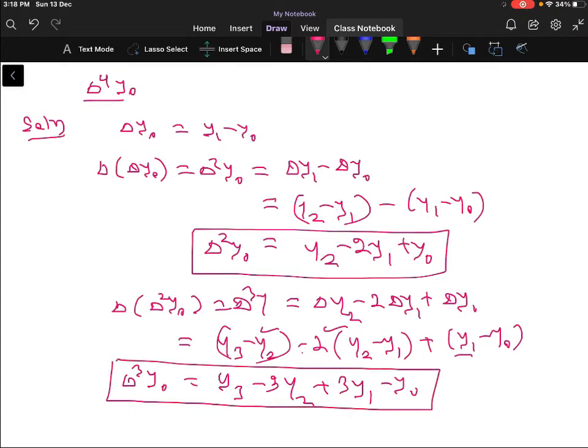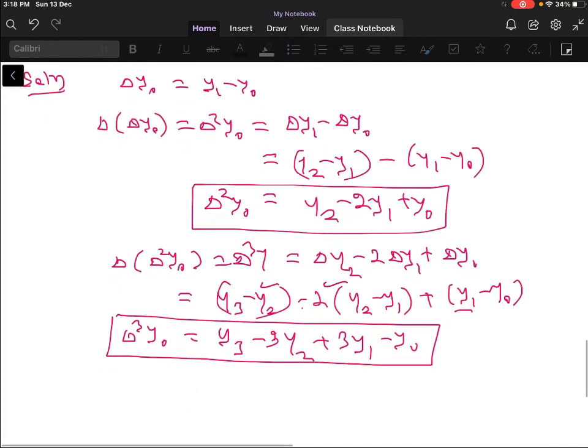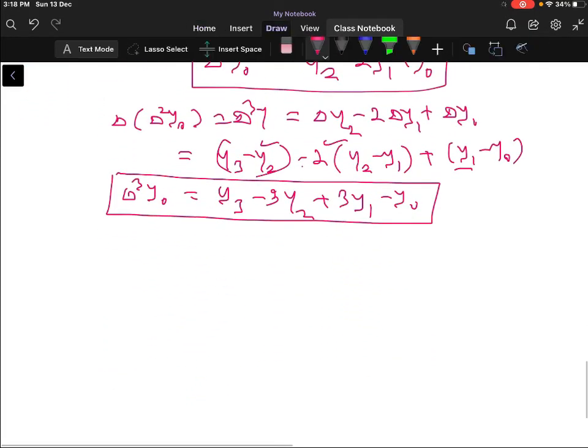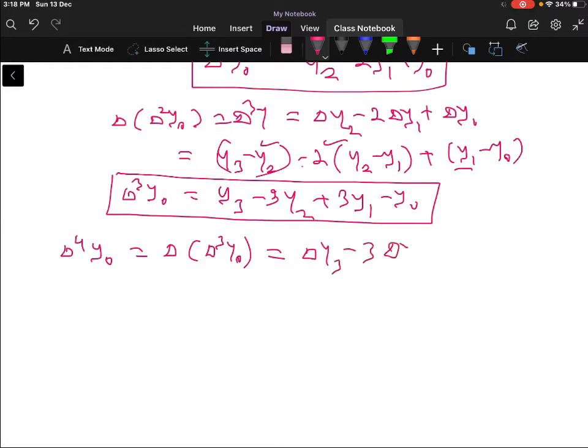Now we need to find delta 4 y naught. So delta 4 y naught is equal to delta of delta cube y naught. That is equal to delta of y3 minus 3 times delta of y2 plus 3 times delta of y1 minus delta of y naught.